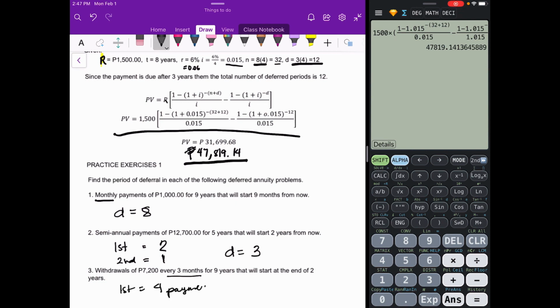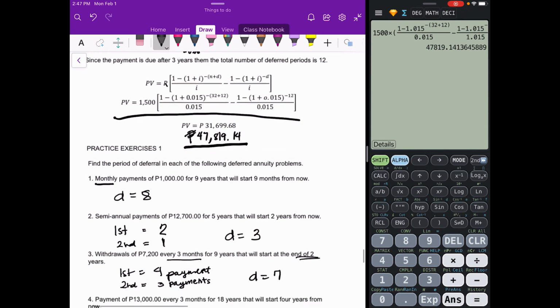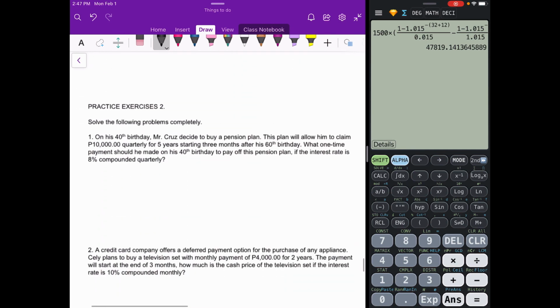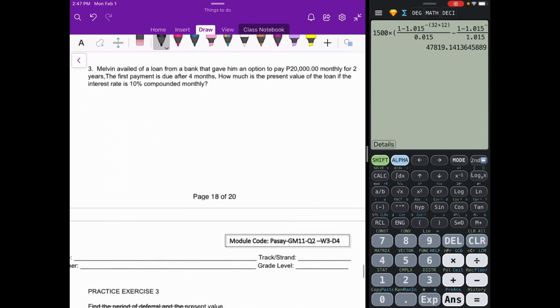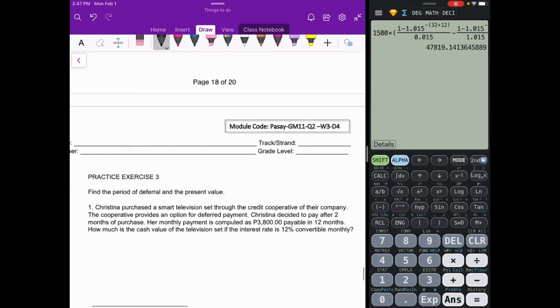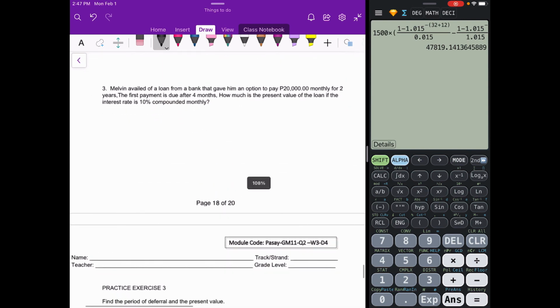And then on the second year, we will only include 3 payments, since we will not include the 4th payment for the second year because that's already the start of the deferral. So we have here D is equal to 7. Okay, so that's how you get it. You have more exercises here to answer. So if there's any questions, you may ask.